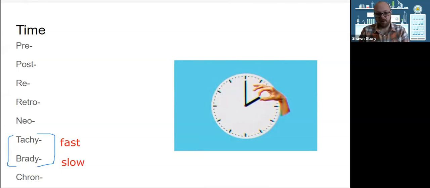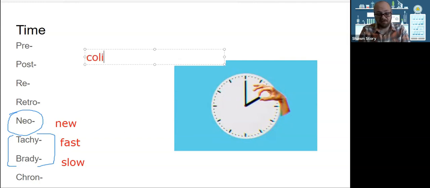Do we know neo? Neo means new. If something is new, neo, that we put on it. Like words that I see a lot, we talk about colonizing.